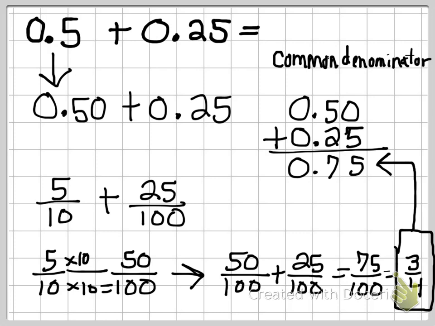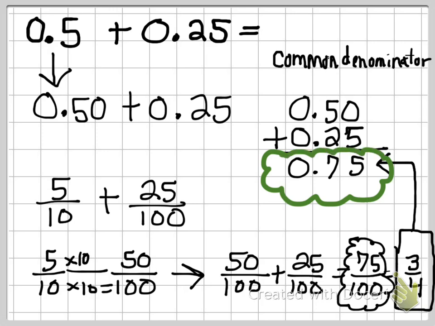Okay, so this was the answer we were looking for when we were adding the regular fraction. And this, I should really color these things, is the answer we were looking for when we were adding with decimals.